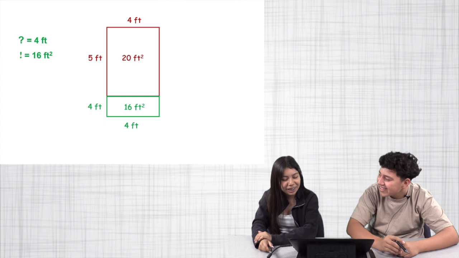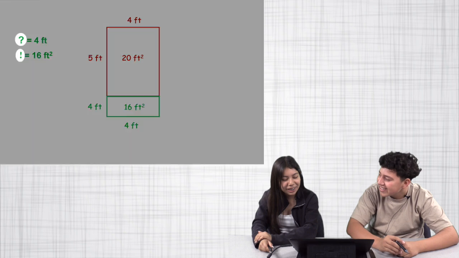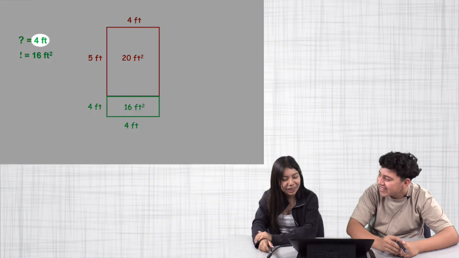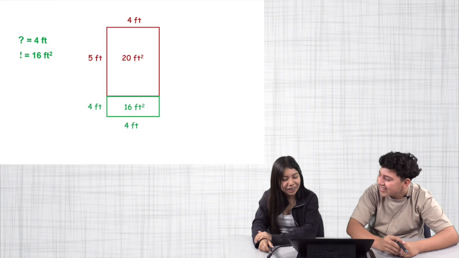Emily explained why it would be confusing to use the same symbol for two different numbers. It's confusing because, in this example, it would mean that 4 feet was equal to 16 feet squared. Then they remembered that they could use variables to represent their unknown numbers.